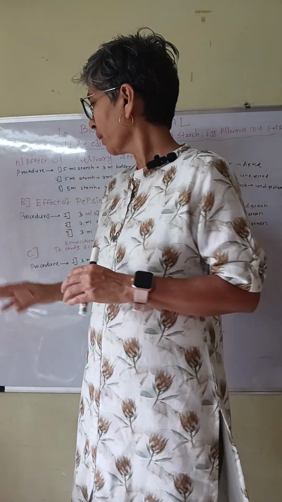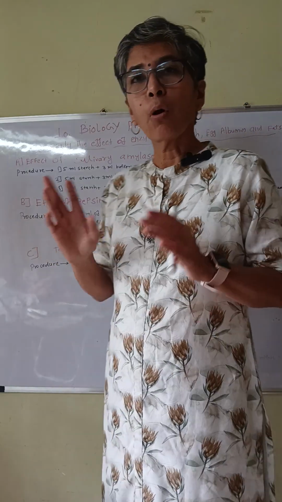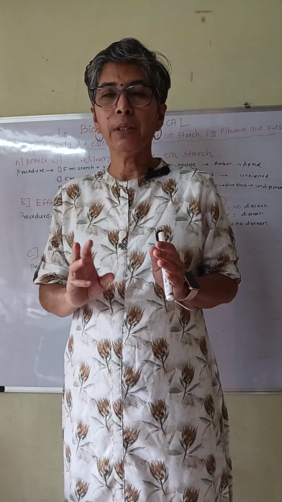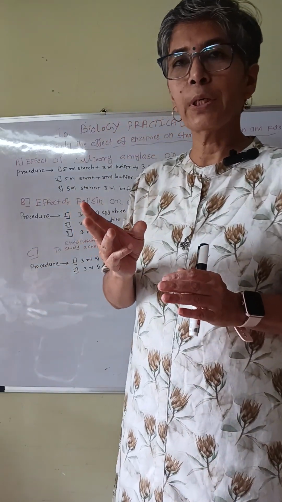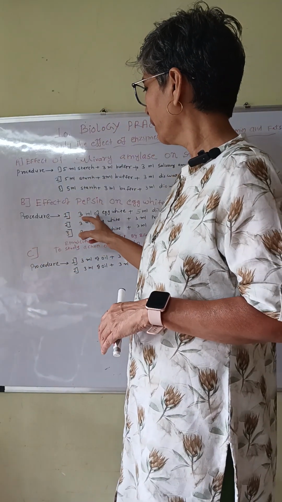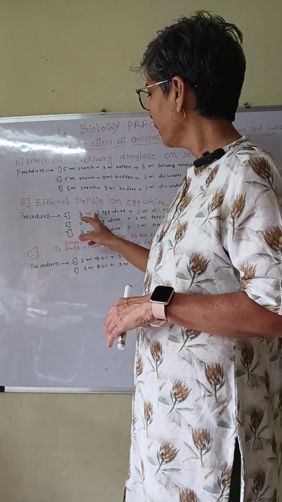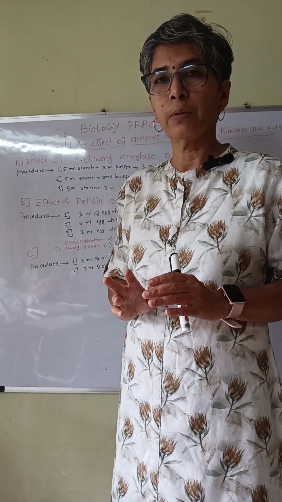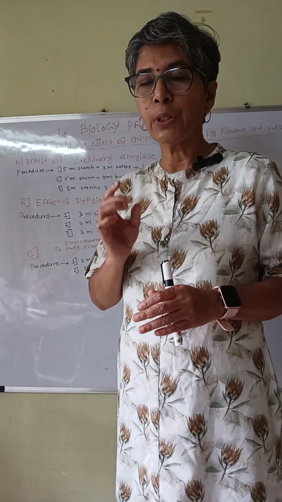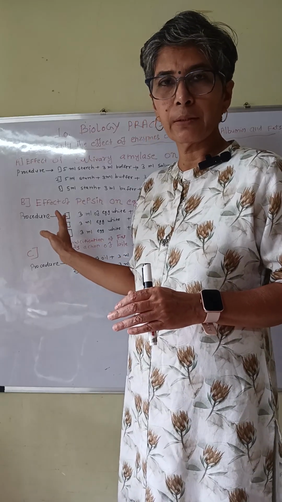Then the common material we are using in the three test tubes, do you know what it is? It is 3 ml of egg white. Add 3 ml of egg white in each of test tubes 1, 2 and 3. This is the common ingredient.